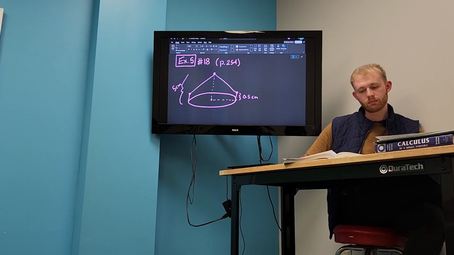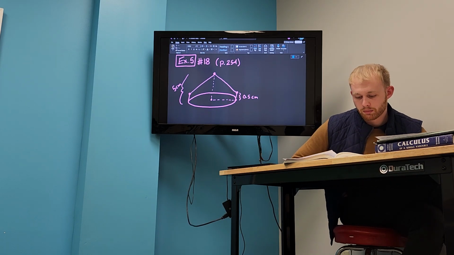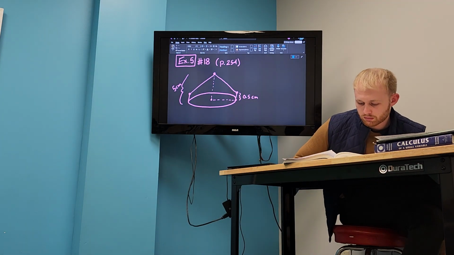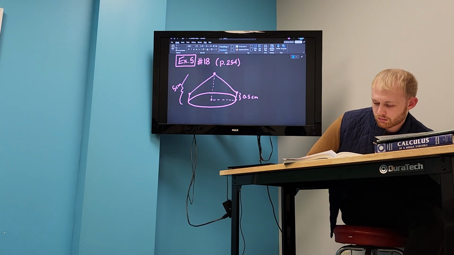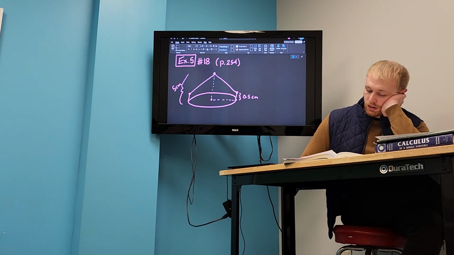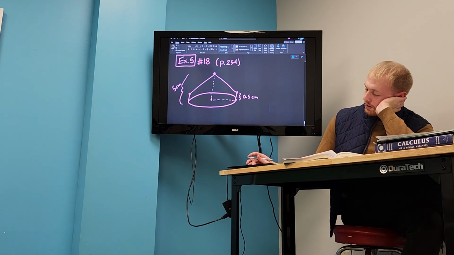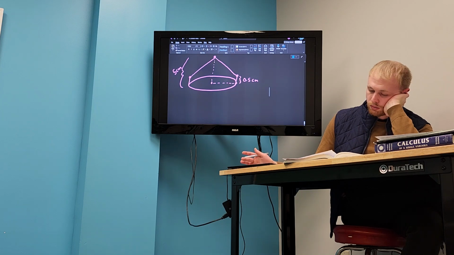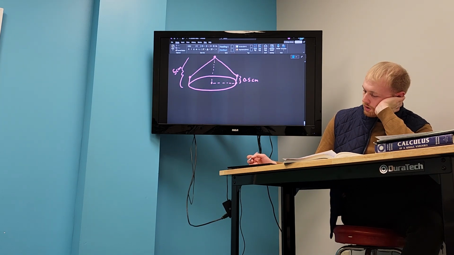Okay, the area. How fast the radius of the slick is increasing. Okay. So we want to find how the radius is changing.